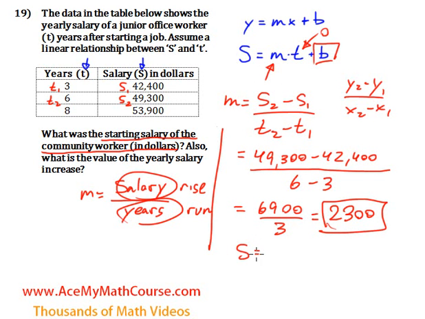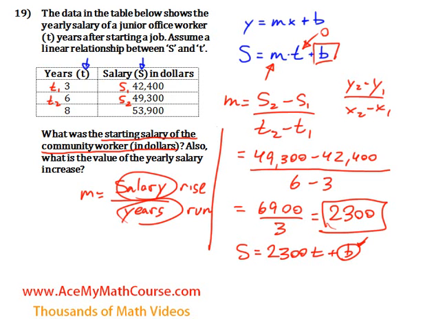So S equals 2,300 T plus B, which is the S-intercept, or in other words, the starting salary of the community worker. How can we find this?